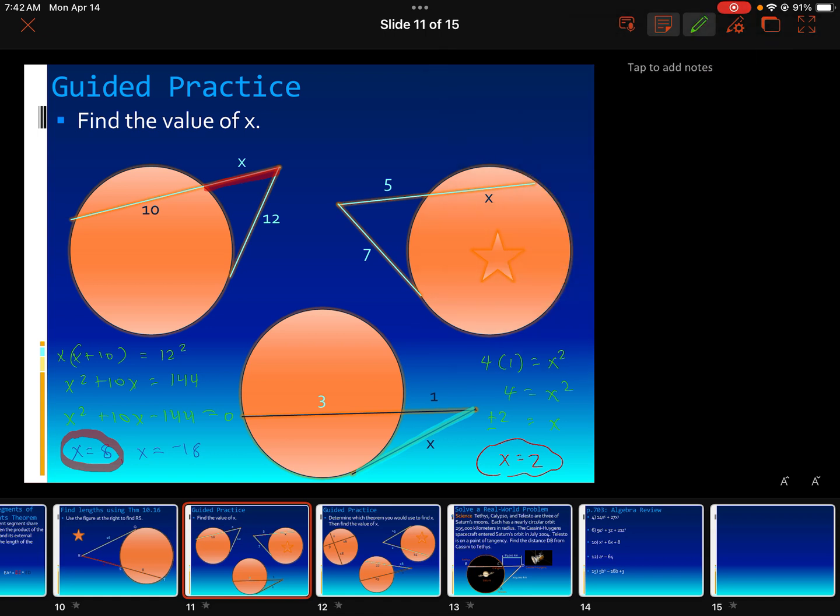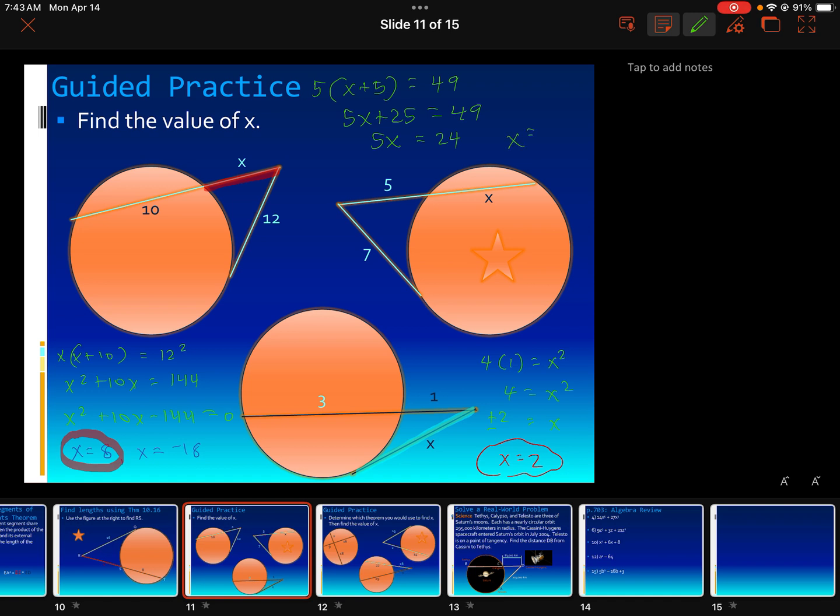Let's try this last one up here. I'm going to take X plus 5 because I add those two lengths together times 5. And I'm going to set that equal to 49. Five X equals 24.